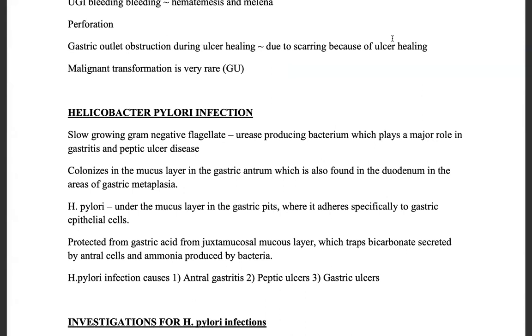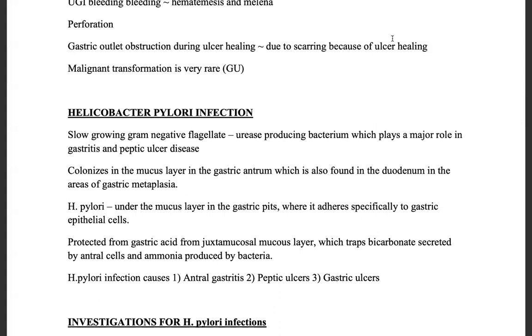So Helicobacter pylori is a slow-growing gram-negative flagellate. Okay, it can cause either gastritis or it can lead to peptic ulcer disease formation. It colonizes mainly in the gastric antrum. Okay, and it can also be found in the duodenum.